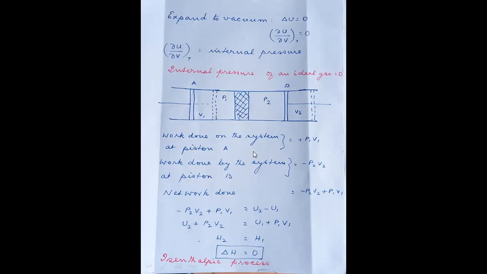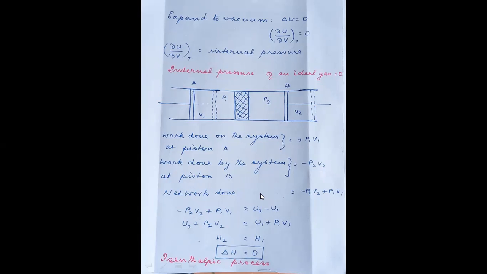Now the work done on the system at position A, the surrounding is doing the work on the system, so it is plus P1 V1, where P1 is the pressure and V1 is the volume change. Now work done by the system, on this side the system is doing the work on the surrounding by piston B, is minus P2 V2.